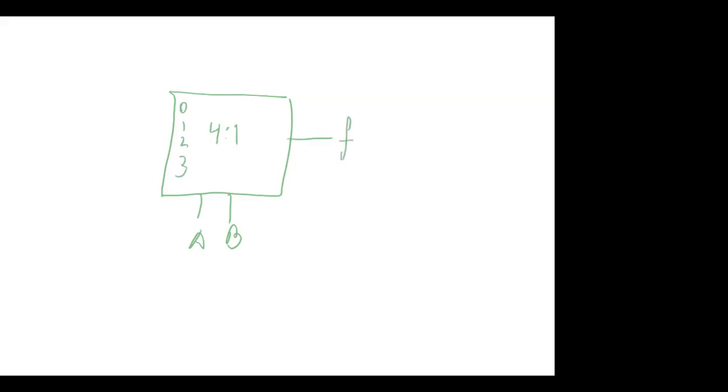And the inputs are going to be C, C prime, 0, and 1. And this is a MUX. Okay, given the following schematic, find F. What will F be? I recommend a truth table.